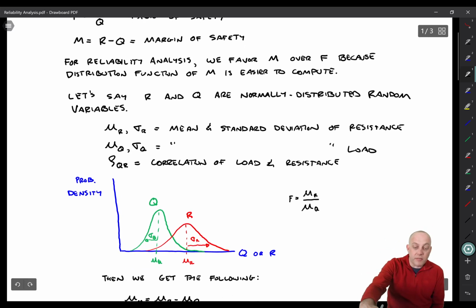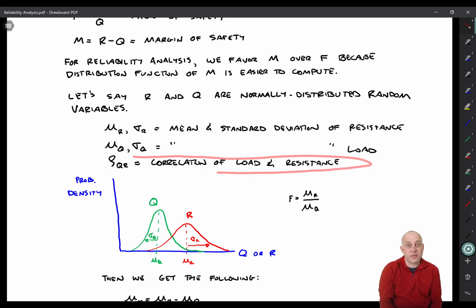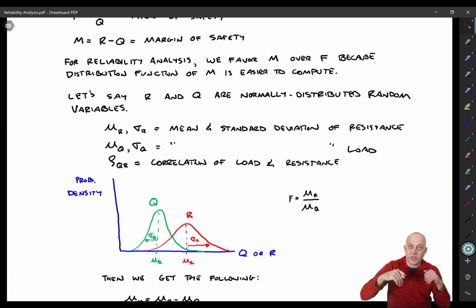All right, now an important aspect here is that sometimes the load and resistance are correlated. In fact, we'll do an example where the load and resistance are correlated. They're not always correlated. Sometimes the load comes from an external source, like a building putting pressure on a foundation, and we don't know for sure what the live load will be in the building at some time that we're worried about failure.